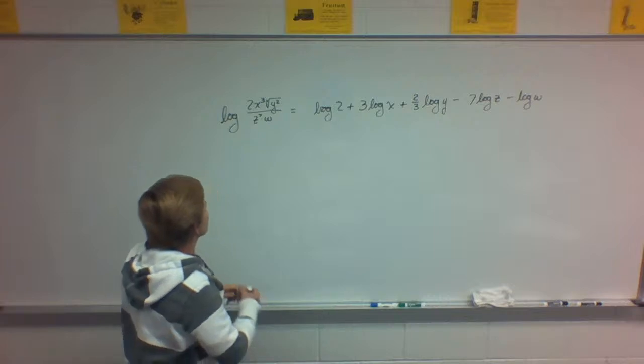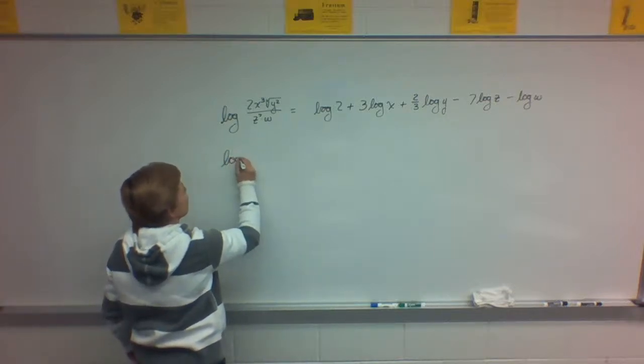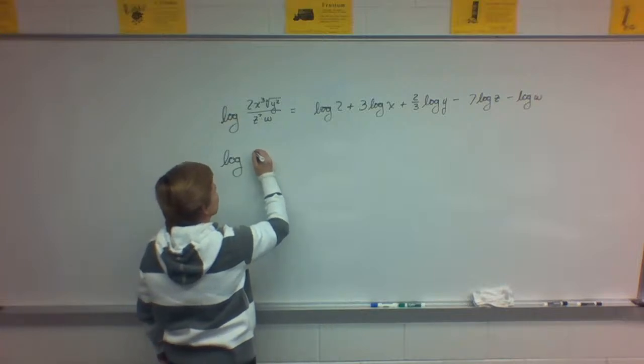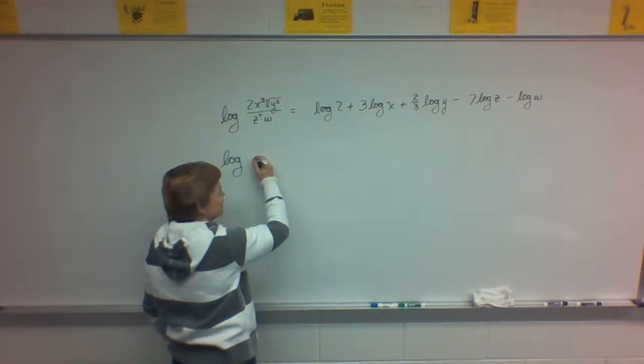Want to try one? Okay, you guys try this one. Try expanding this log. Log of, ooh, this one will be good. Let's see if you guys can handle this.